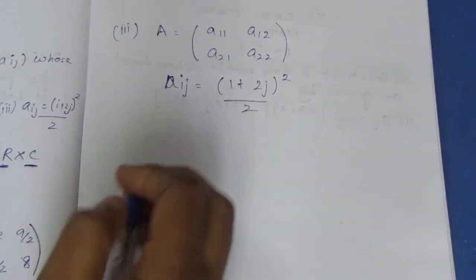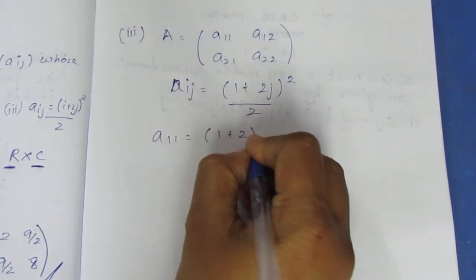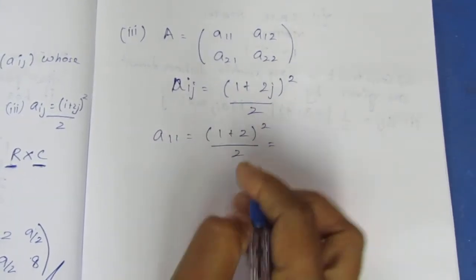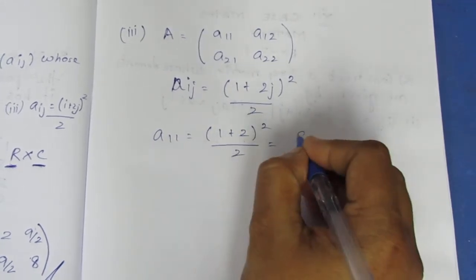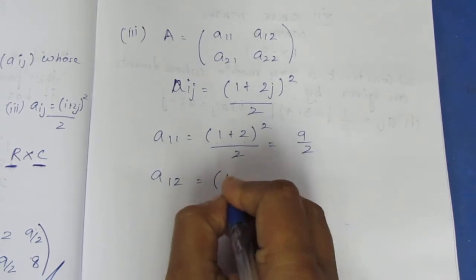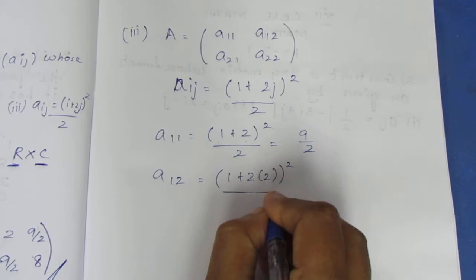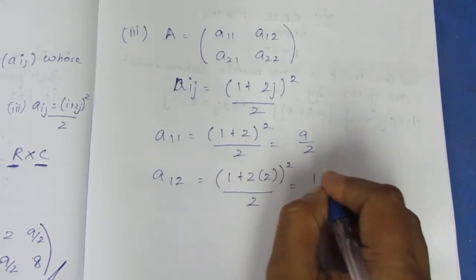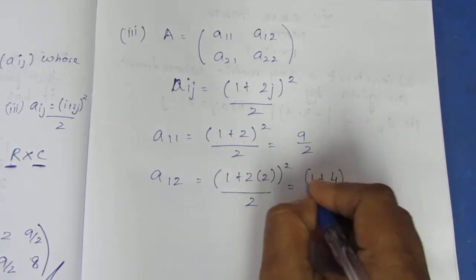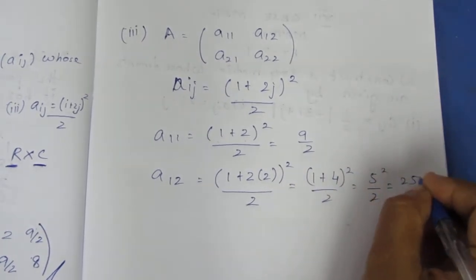Substitute the values first. a11 is 1 plus 2 into 1, which is 2, the whole square by 2. Here it is 3 square, which is 9 by 2. For a12, 1 plus 2 into 2 the whole square by 2. So it becomes 1 plus 4 the whole square by 2, 5 square by 2, 25 by 2.